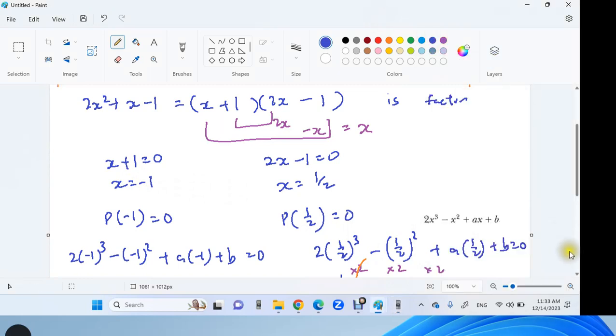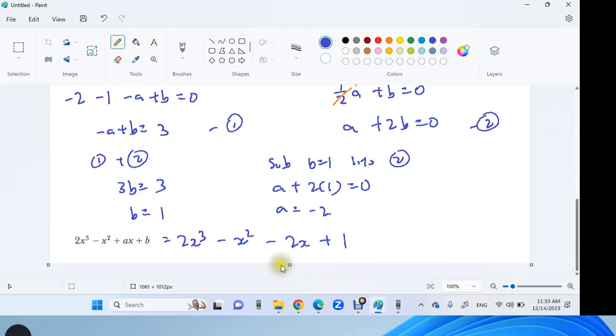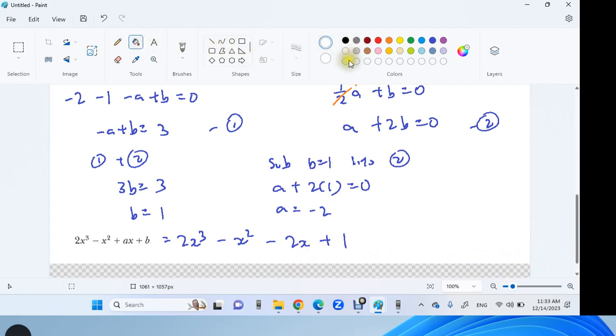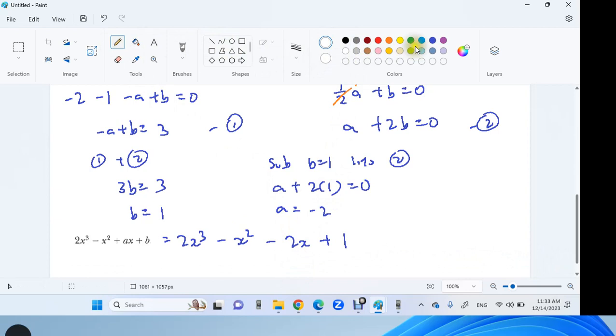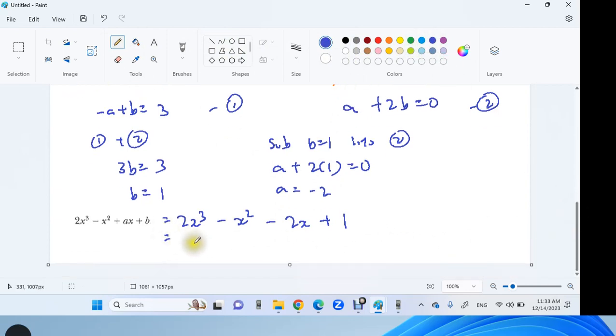Okay, so for this one, if I want to find the roots, it is very easy. There is a trick for this one. If I want to check the answer, I can factorize x squared in front: x squared times (2x minus 1), minus (2x minus 1). I factorize negative 1 for the last two terms.